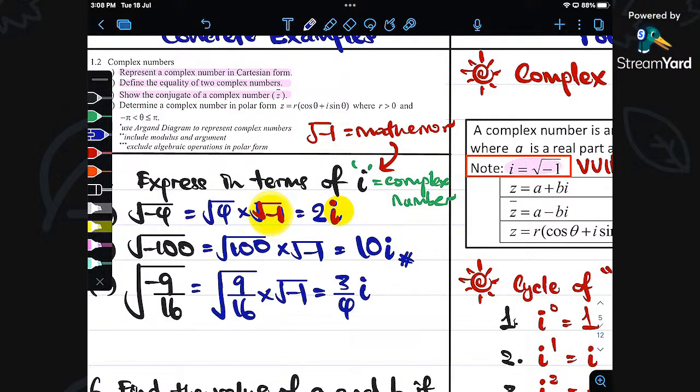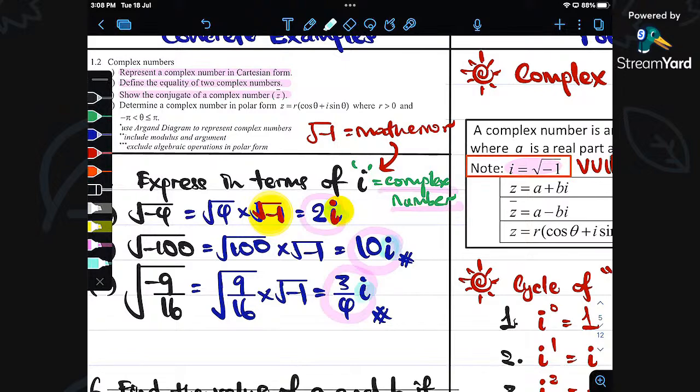Therefore, 3/4 times square root of -1 is just the small letter i. You're done. So all of this is what we call a complex number. Complex number mempunyai imaginary. Imaginary bermaksud inilah huruf i tersebut.